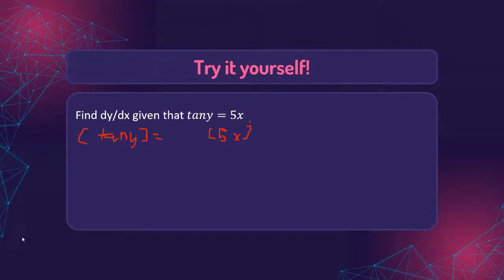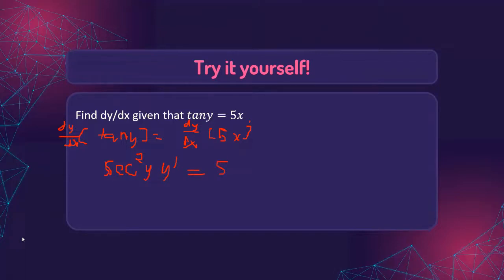Then after we differentiate these two terms with respect to x, we now find the derivative of each term. The derivative of tan y is secant squared y, and the derivative of y is y prime. Then the derivative of 5x is equal to 5.